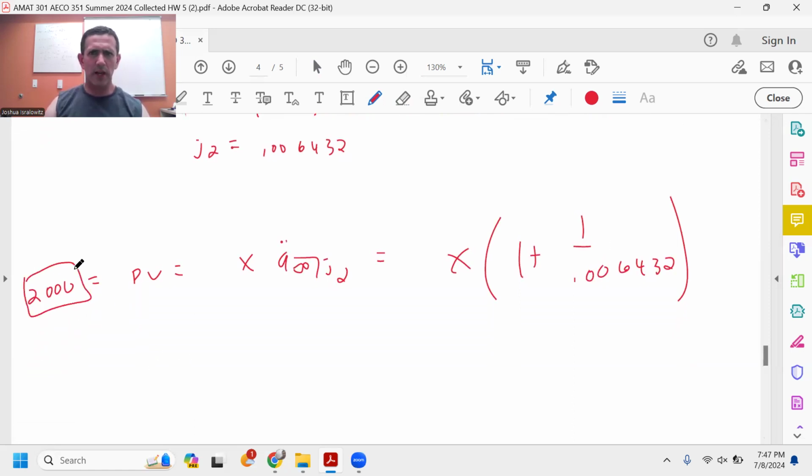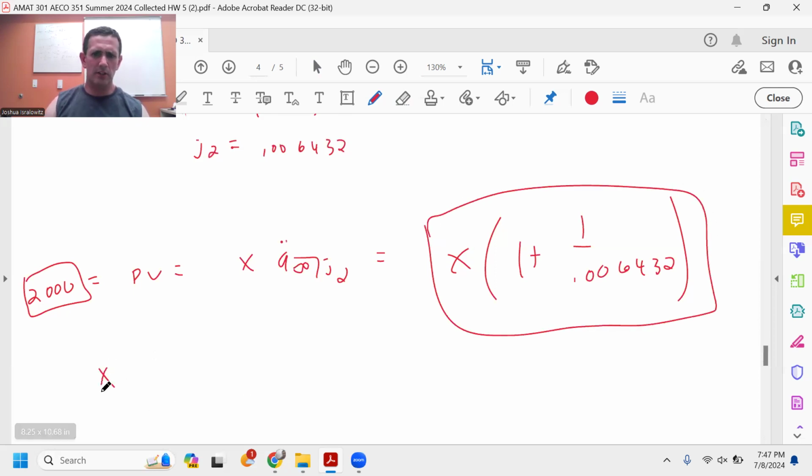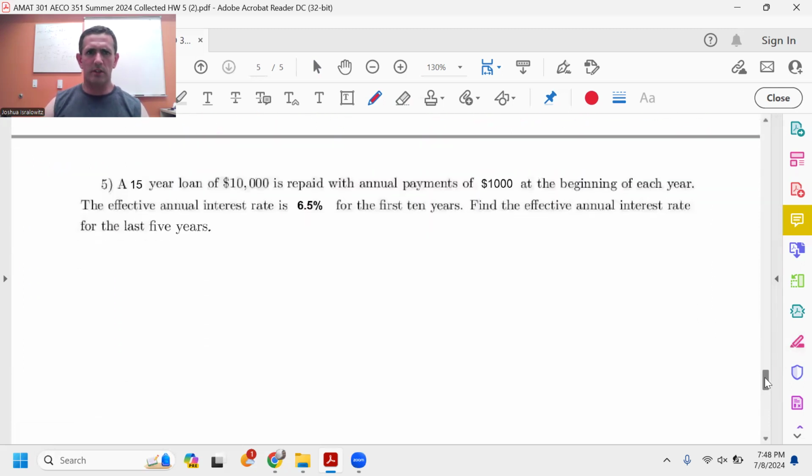So you have 2,000 equal to a number times X. Just solve for X: 12.78. Okay, next one.